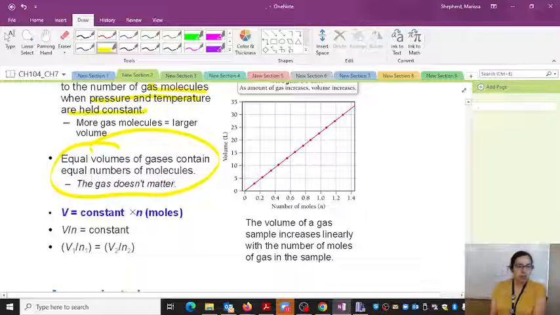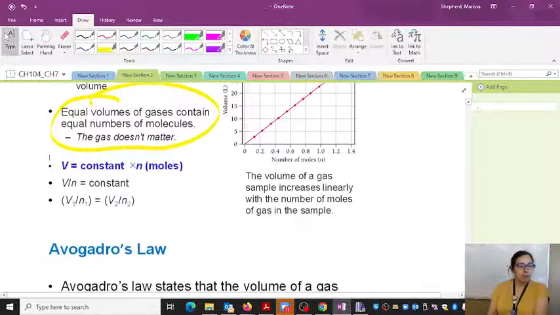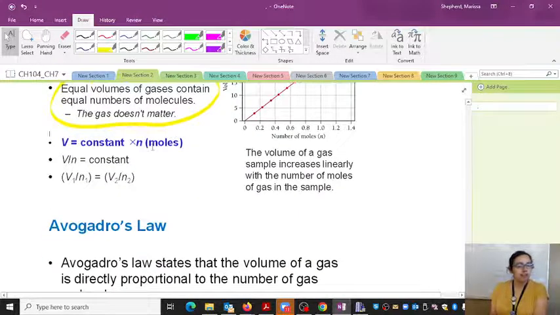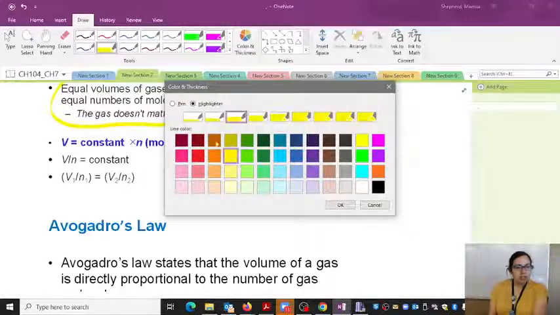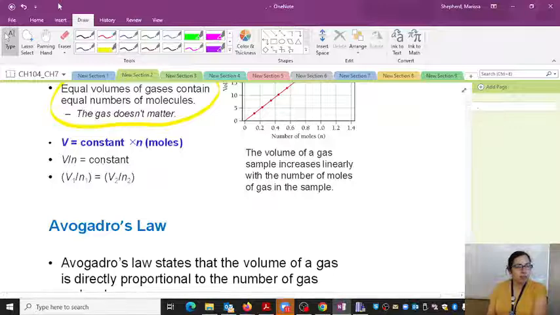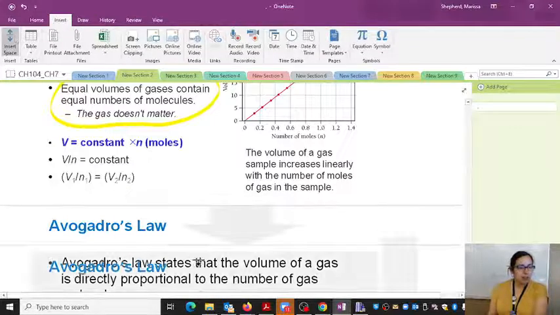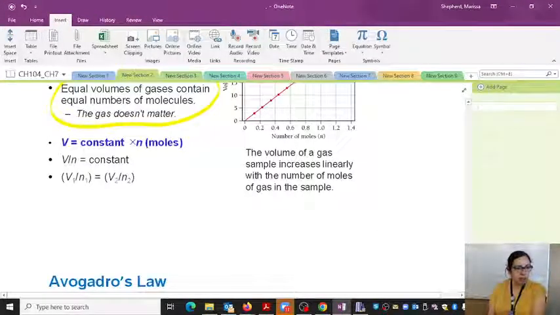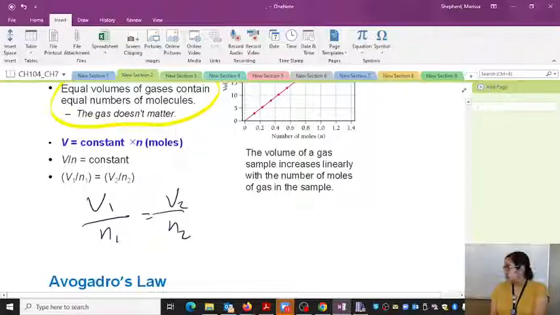And we'll come up with another relationship later. We'll just hang on to that thought for now. Anytime they're directly related, the formula is going to be in this form where they're on top of each other. So V1 over N1 is equal to V2 over N2. Your units of volume don't really matter, as long as they're consistent between one another.